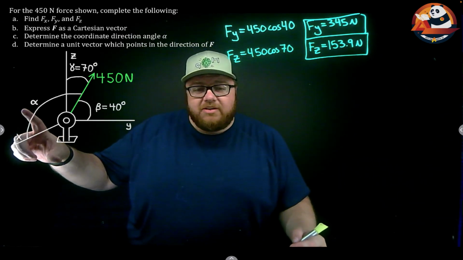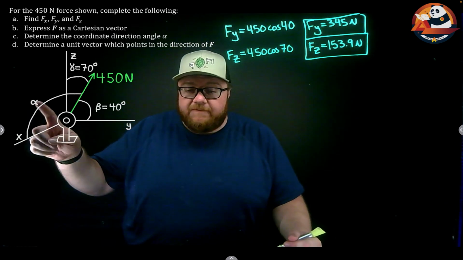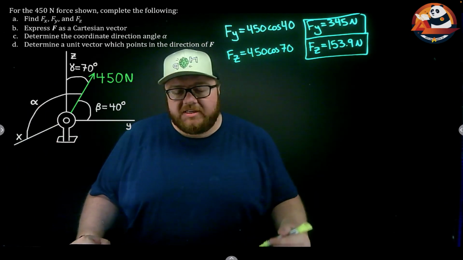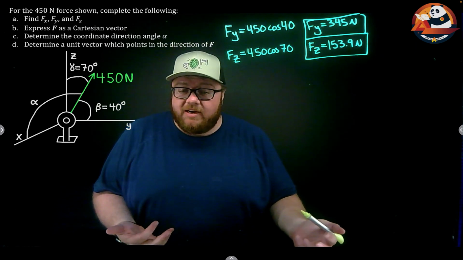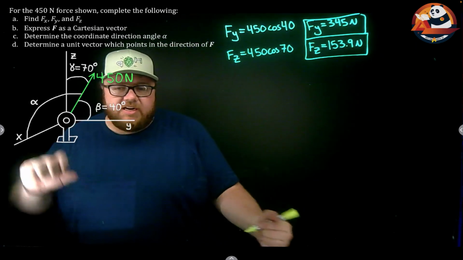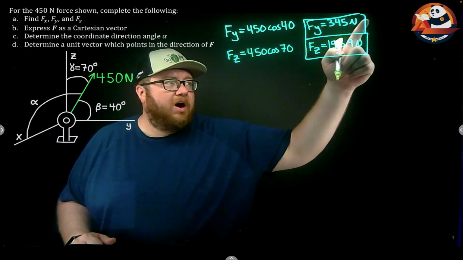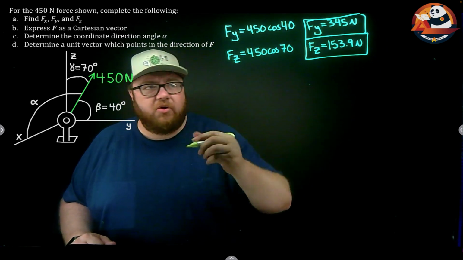I don't know alpha, so I can't take the same approach to get Fx, even though I could say Fx is 450 cosine alpha. Without alpha being known, I can't use that yet. So what else could I do to get Fx? Well, remember, I have y and z components, and I know my total force.